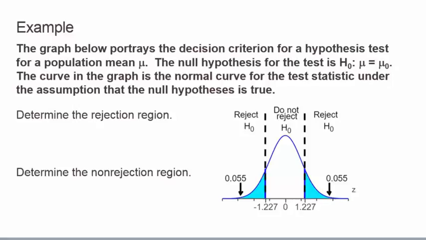For our graph, we have two z-scores, negative 1.227 and positive 1.227. The area to the left of negative 1.227 is shaded and labeled 0.055. The area to the right of positive 1.227 is shaded and labeled 0.055.